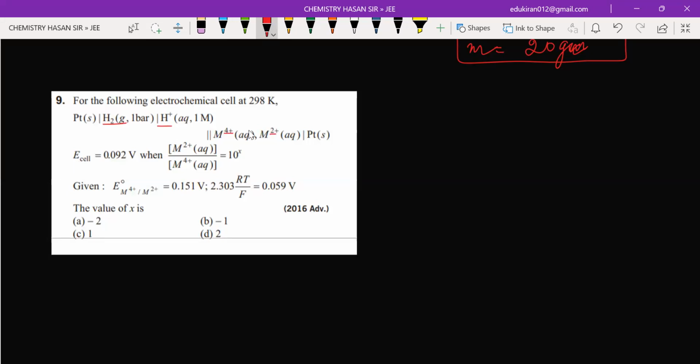Now, this question is purely based upon the Nernst equation. You are going to use this representation to write a Nernst equation. E cell is given as 0.092 volt when M plus 2 upon M plus 4 is equal to 10 raised to the power x. You need to calculate the value of x. Think about it, please do it, and let me know if you're not able to do it.